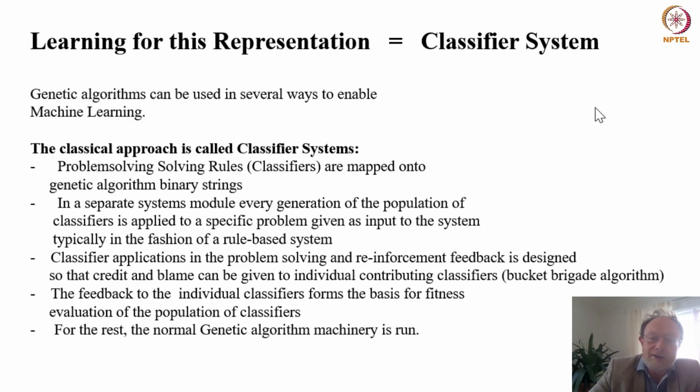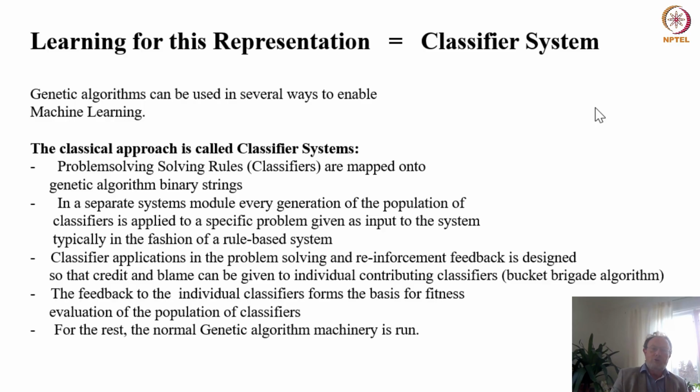And there is actually an algorithm for that called the bucket brigade algorithm, which is very similar to what in the neural network case is called backpropagation. So the feedback to the individual classifiers from the result of the application of the rule set forms the basis for the fitness evaluation of the population.